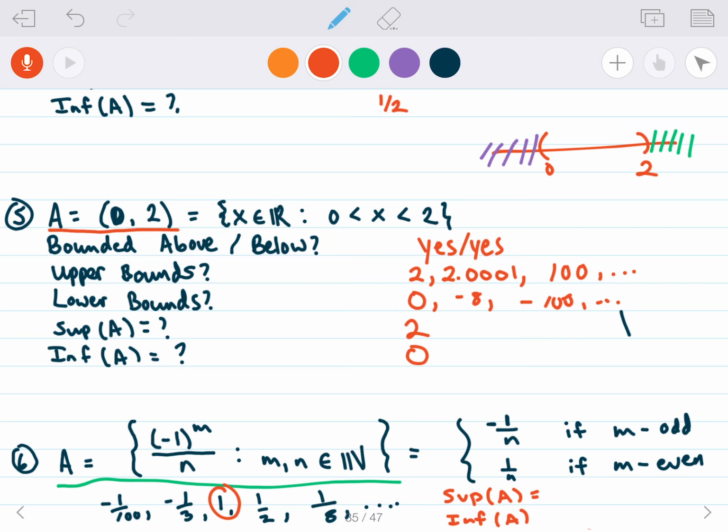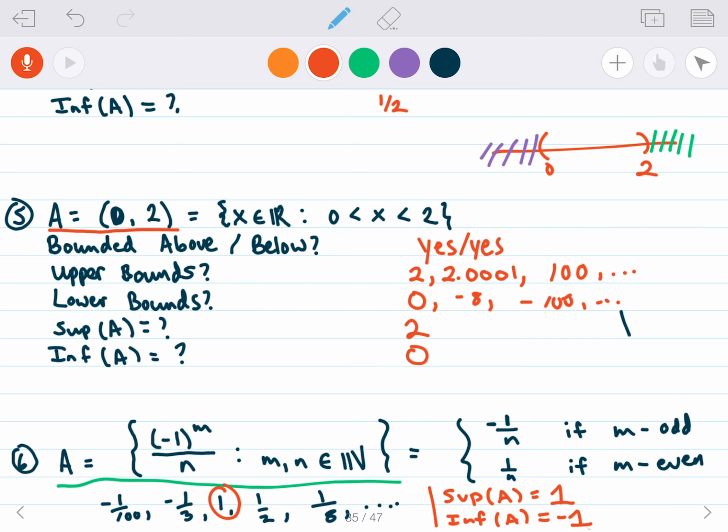Okay, so the supremum is going to be 1, and the infimum, if we think about it, is going to be -1, right? Because if m is 1, or really any odd power, and n is 1, then that's definitely an element in our set. So our infimum is going to be -1.